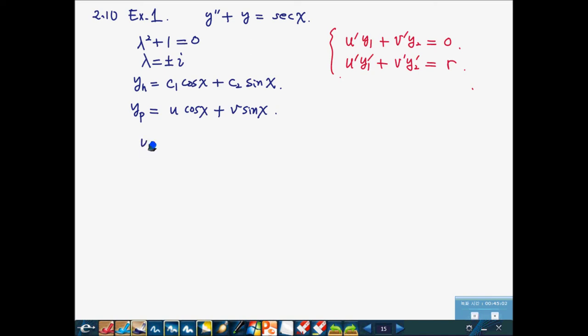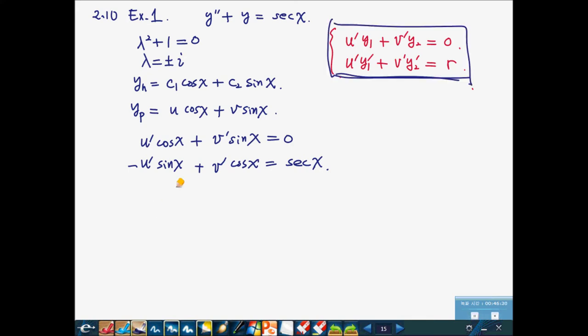So u prime cosine x plus v prime sine x is 0. And u prime times y1 prime, which is minus sine x, plus v prime times y2 prime, which is cosine x, is R, so it's secant x.